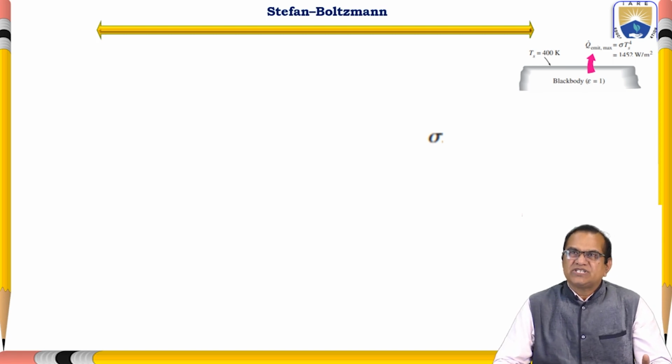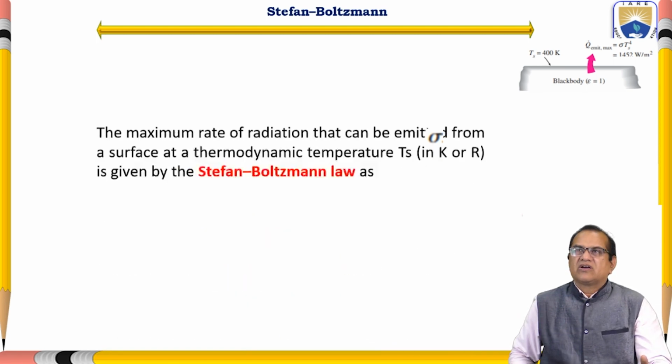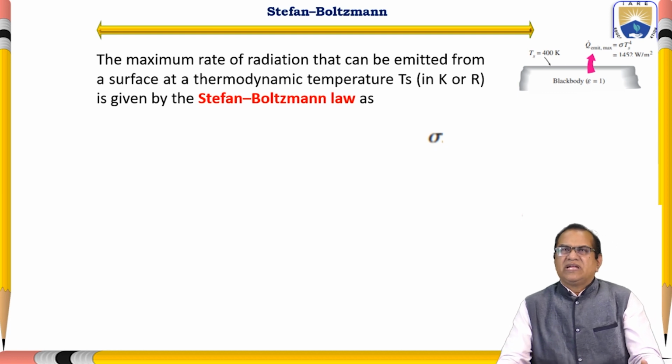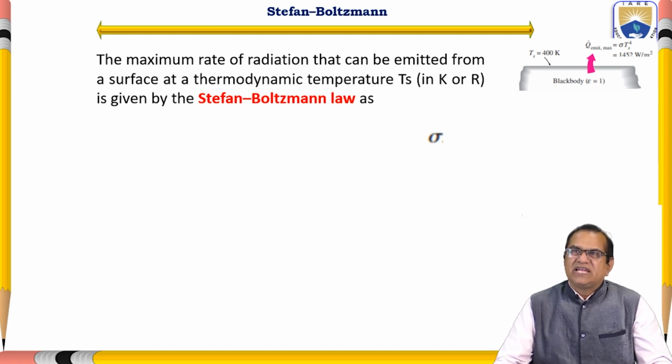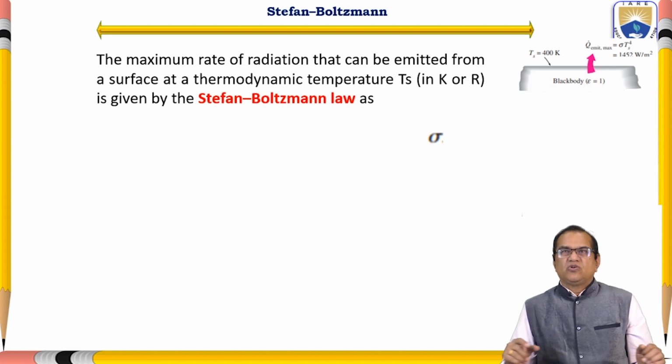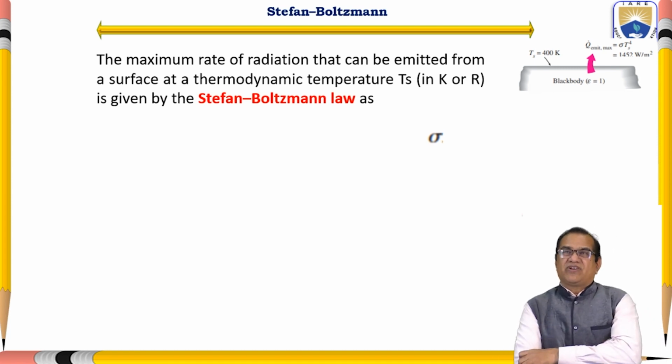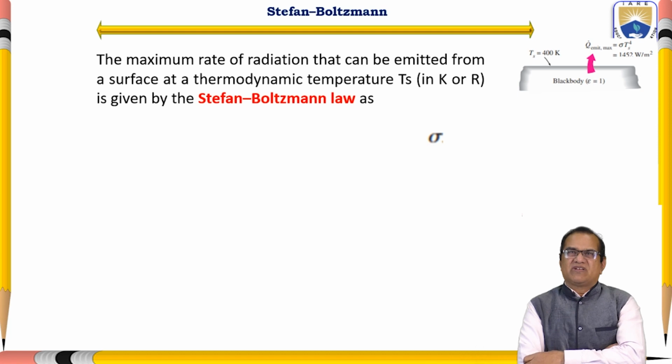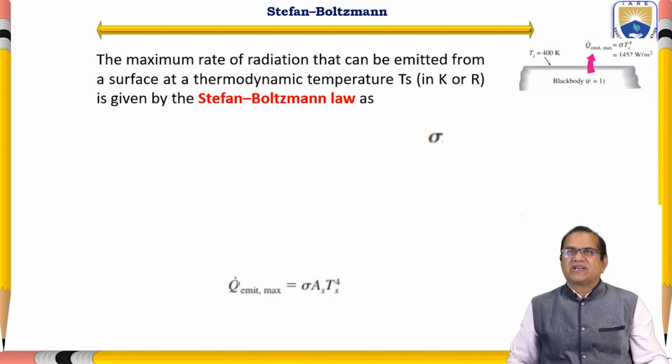Now we will see about Stefan-Boltzmann. The maximum rate of radiation that can be emitted from a surface at a thermodynamic temperature Ts in Kelvin or Rankine is given by the Stefan-Boltzmann law.